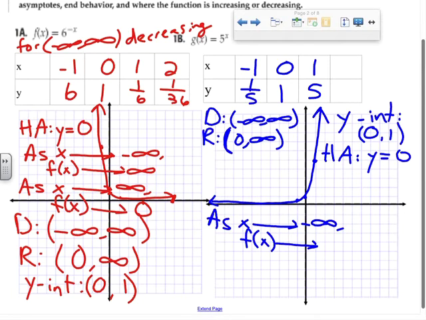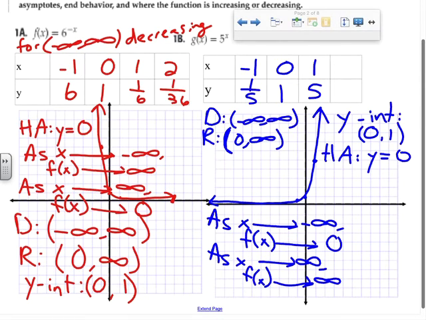The further left I go, what is my function approaching? My function values, my y values, are getting closer and closer to 0. Whereas, as x approaches positive infinity, my function values, my y values, are approaching positive infinity.